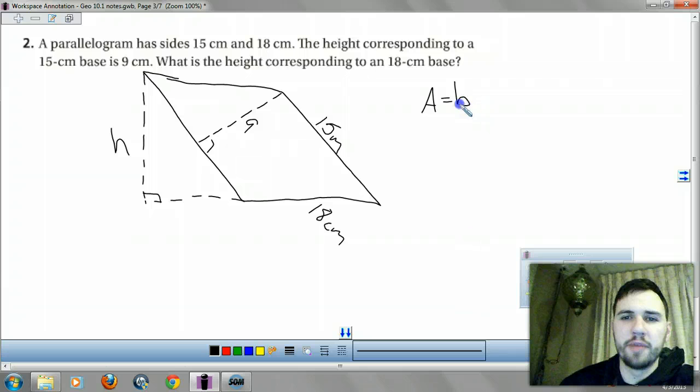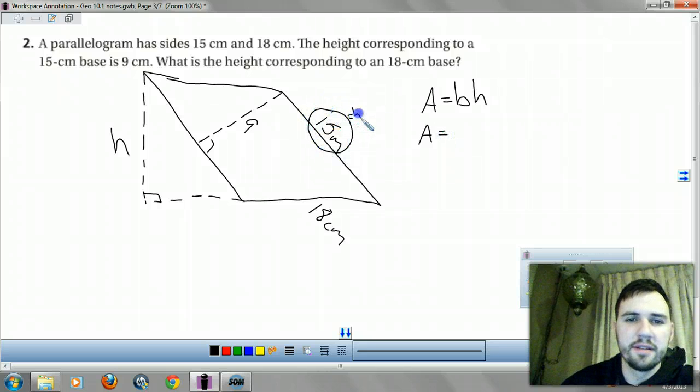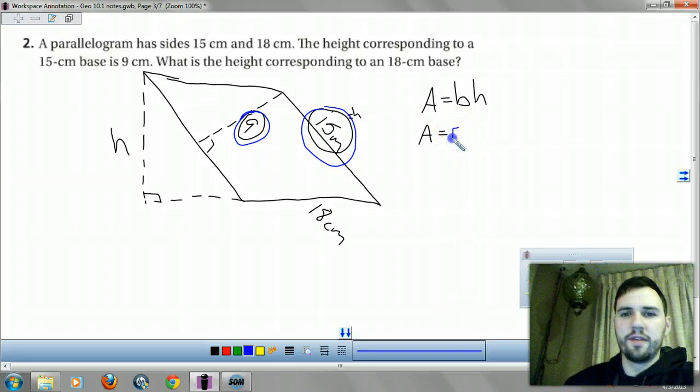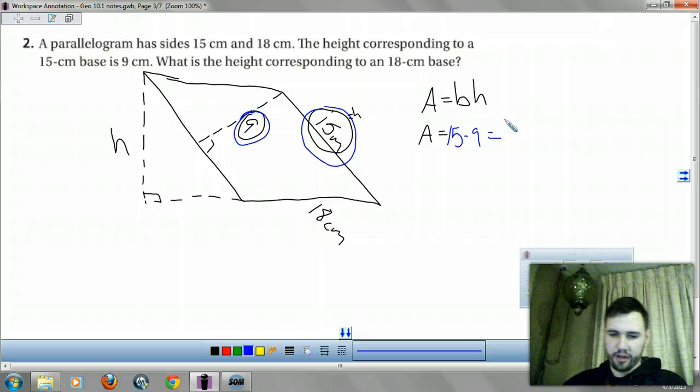Your area equals base times height, right? Now we know the area of this thing. When we use 15 as our base, 9 is our height. So it's 15 times 9, which is 135 centimeters squared.